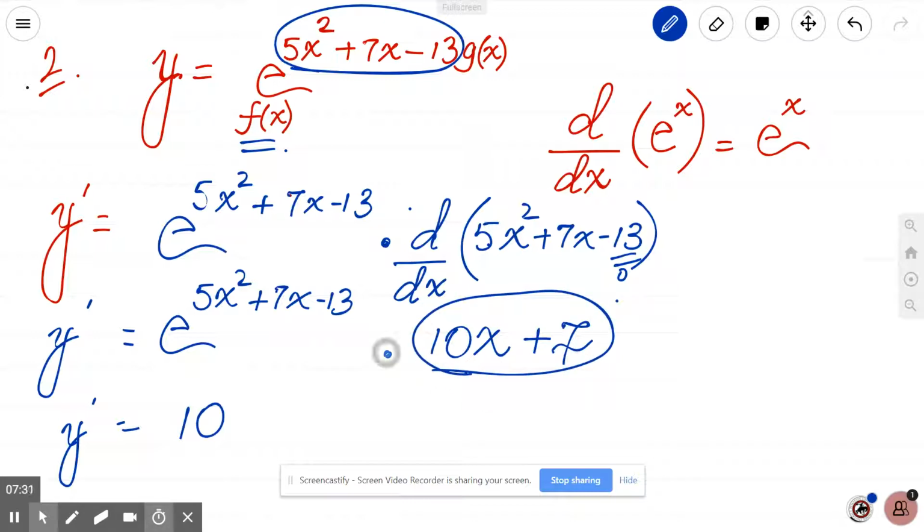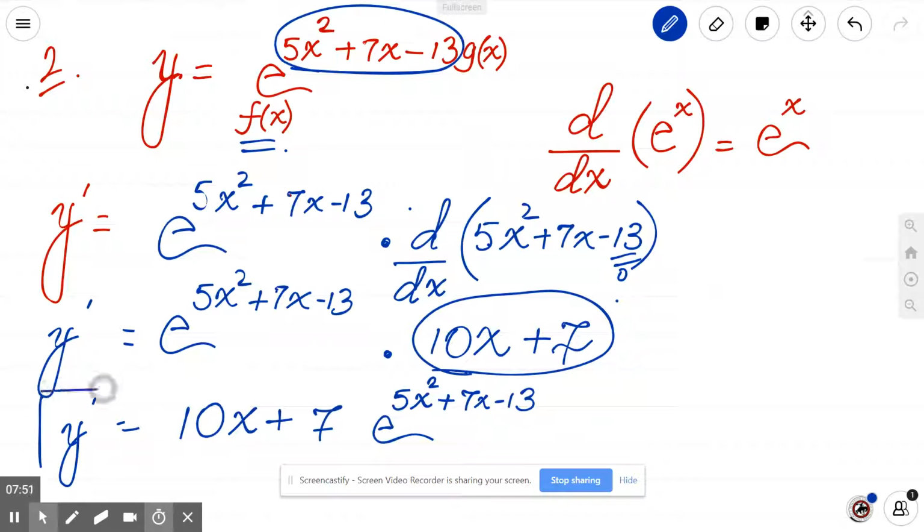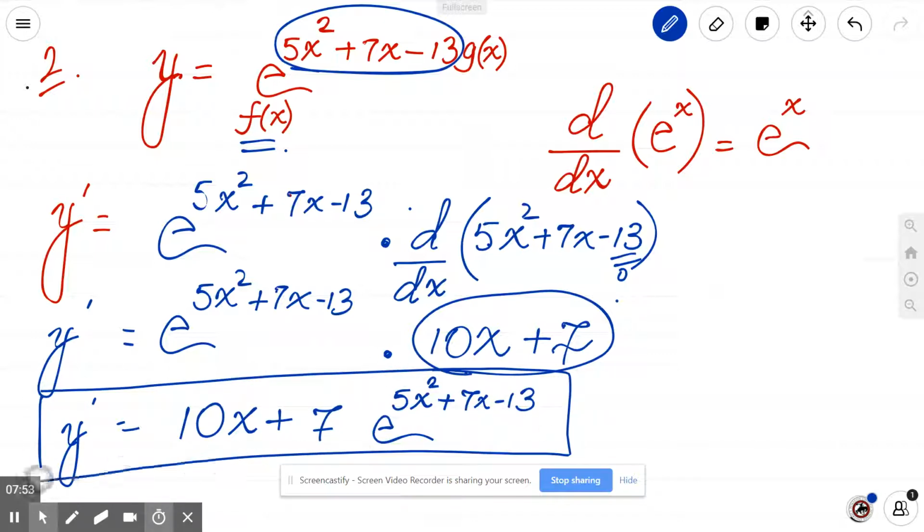It's coming like a chain, a little link of the original function, and we are just adding it to the function. So I guess that's where they got the name from. So 10x plus 7 times e to the power of 5x squared plus 7x minus 13, my function. And then I think that will be our answer for the derivative of the given function.